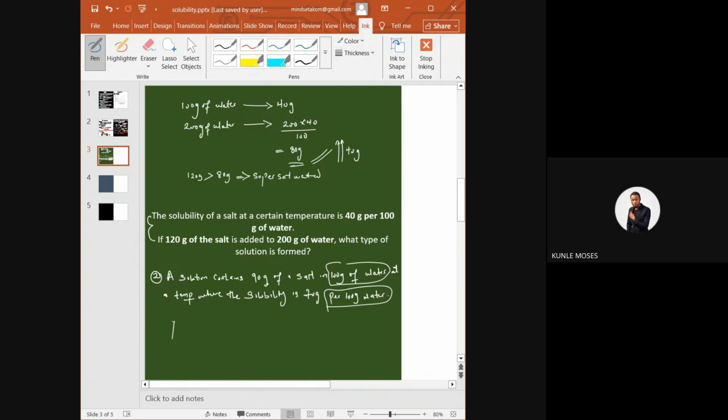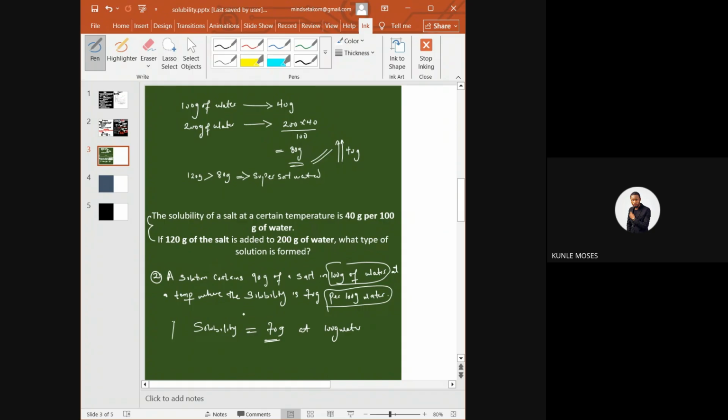Now look at it. They said 90 grams of salt in 100 grams of water. That's what it has. They now said where the solubility is 70 grams per 100 grams of water. It simply means the solubility of that salt should not contain more than 70 grams in 100 grams of water.